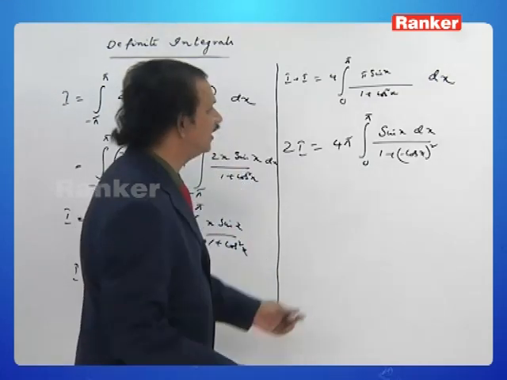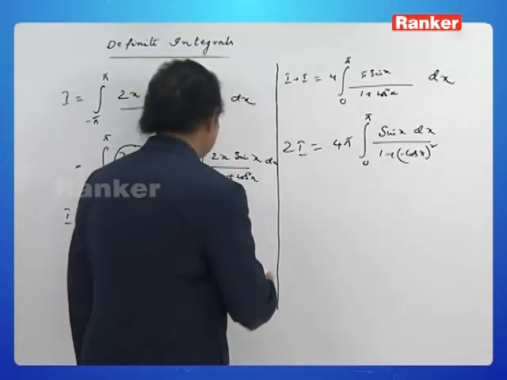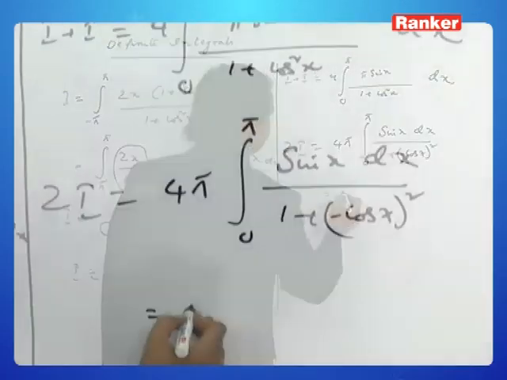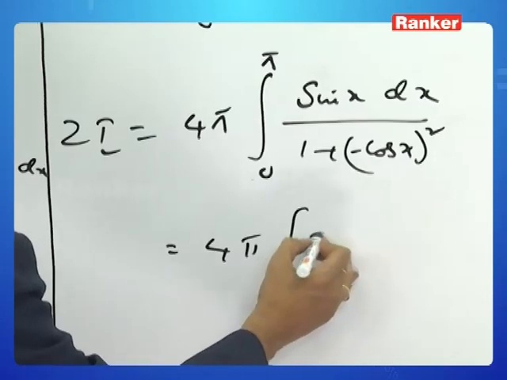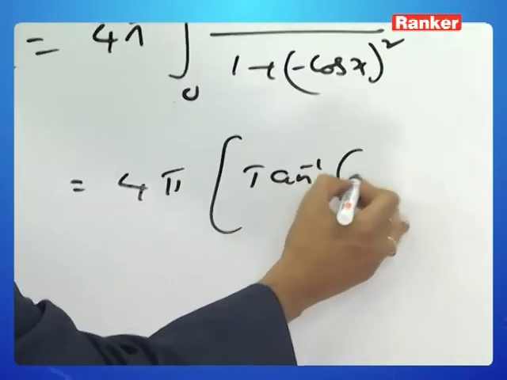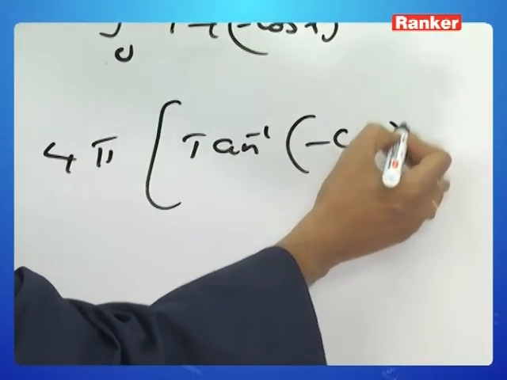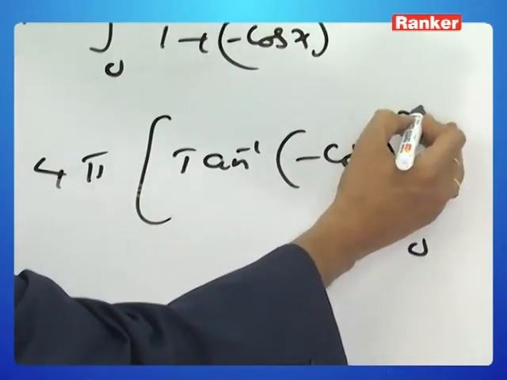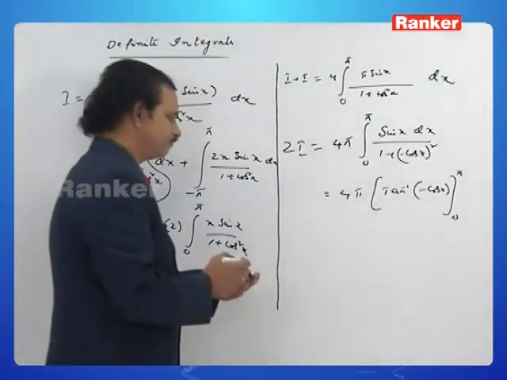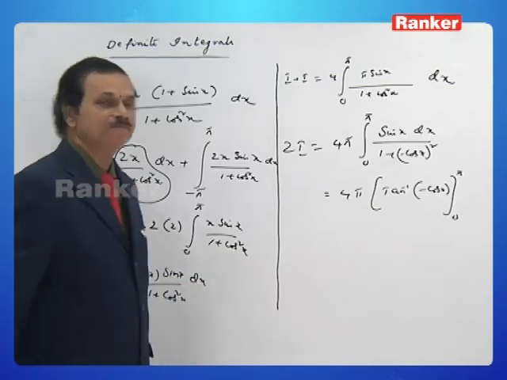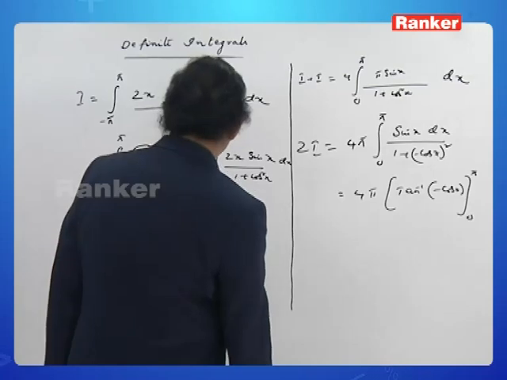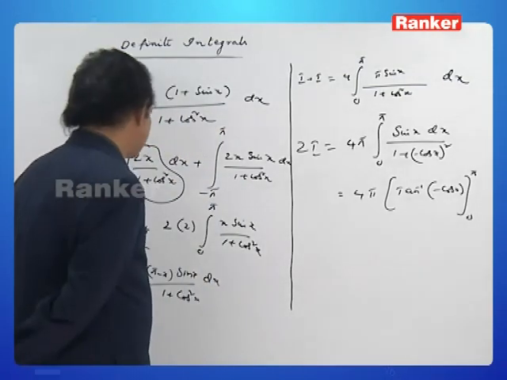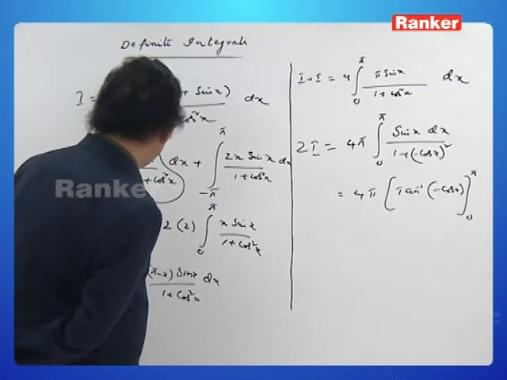It's nothing but tan inverse t. That is tan inverse of minus cos x between the limits 0 to pi.